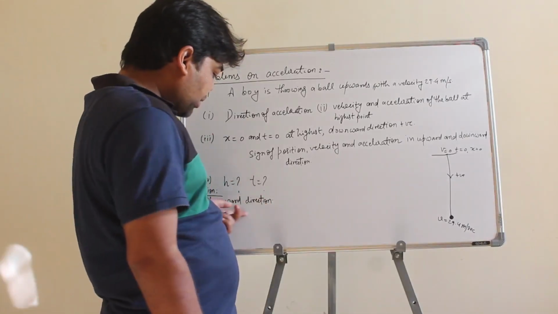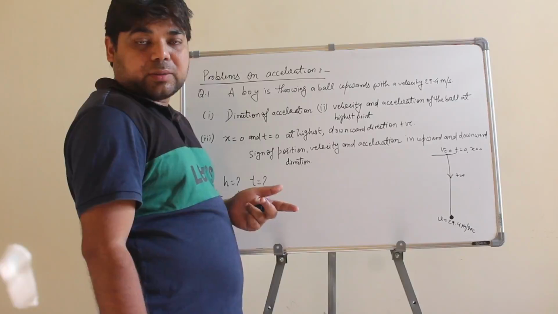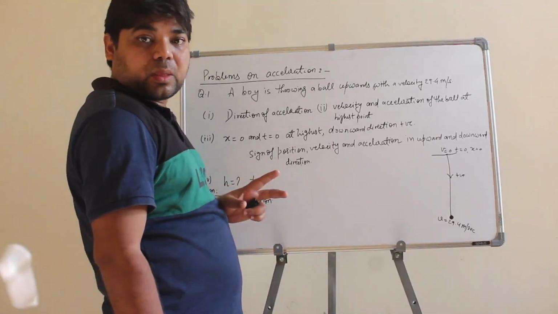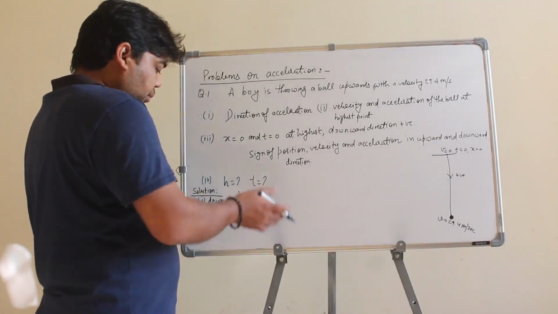That's why the acceleration of gravity always has only one direction, downward.